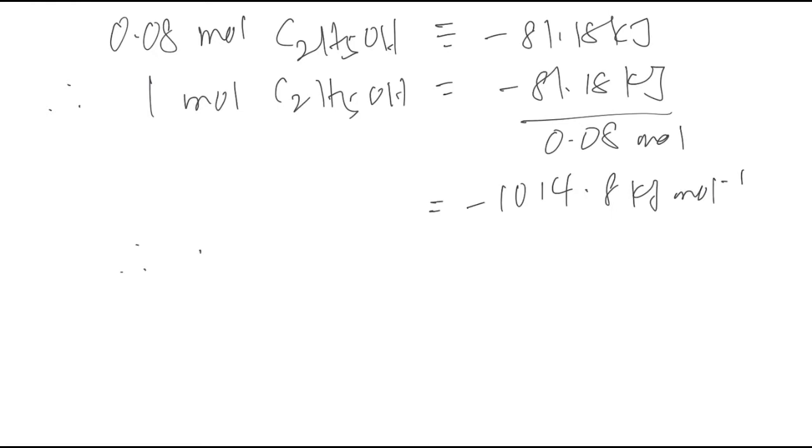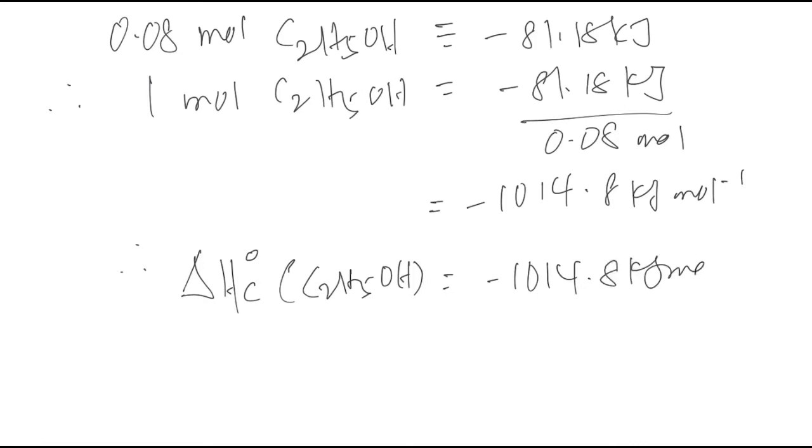So my conclusion, standard enthalpy of combustion for ethanol is equivalent to negative 1014.8 kilojoule per mole. Okay, that is what I get for the standard enthalpy of combustion of ethanol. That is the solution for the section A.